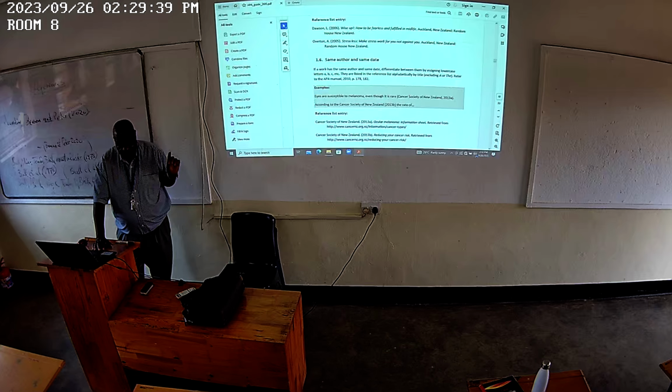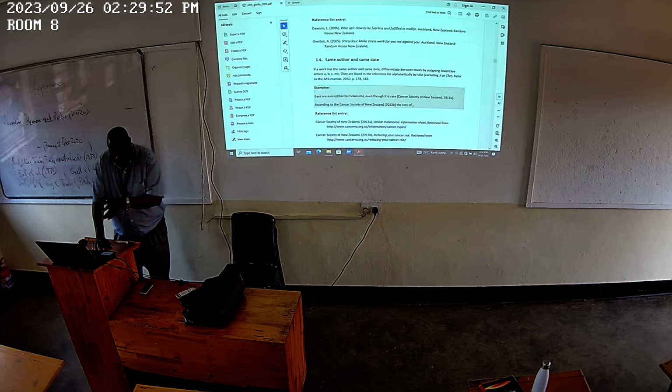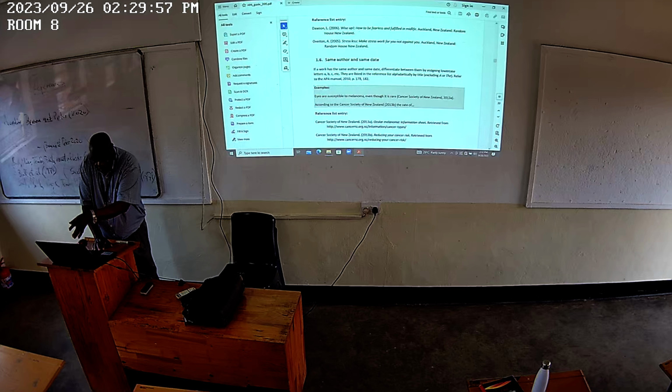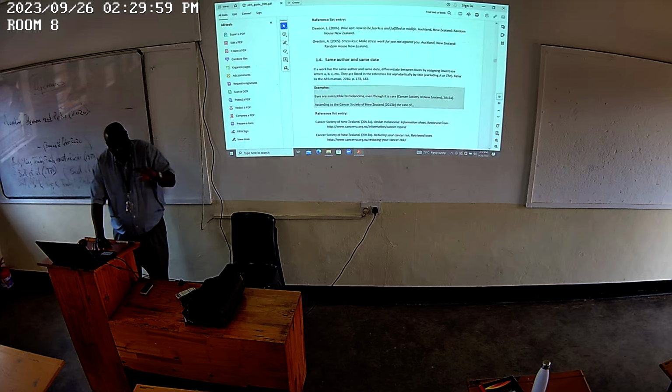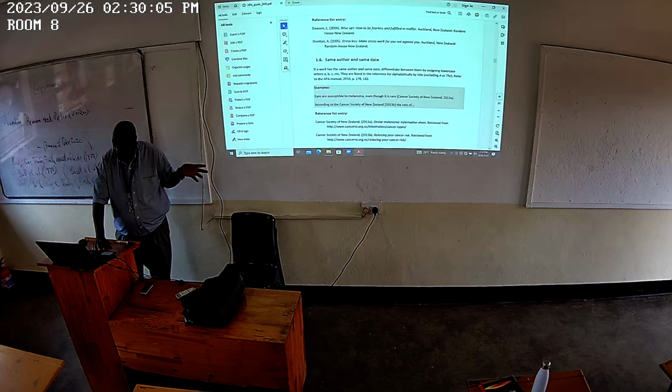Now, it is very important that you put the date when you retrieve the information. Many students, when they are copying from some other sources, just copy even the retrieval date onto their records. And I gave you examples where some people were claiming that they retrieved that information in 2011.